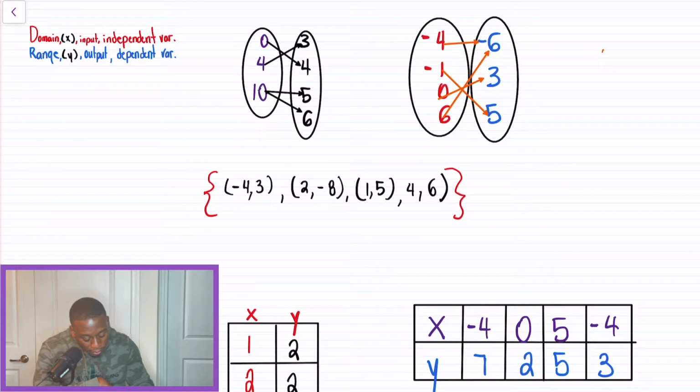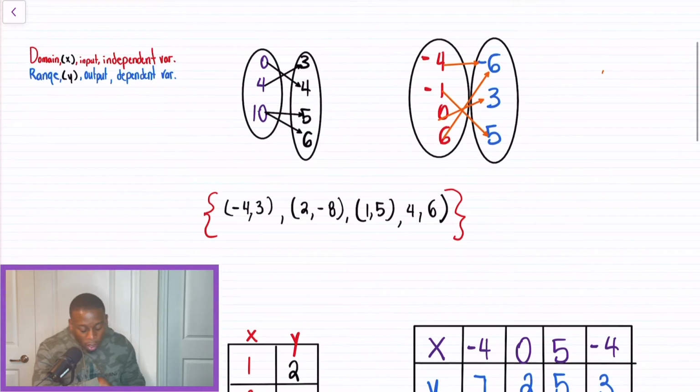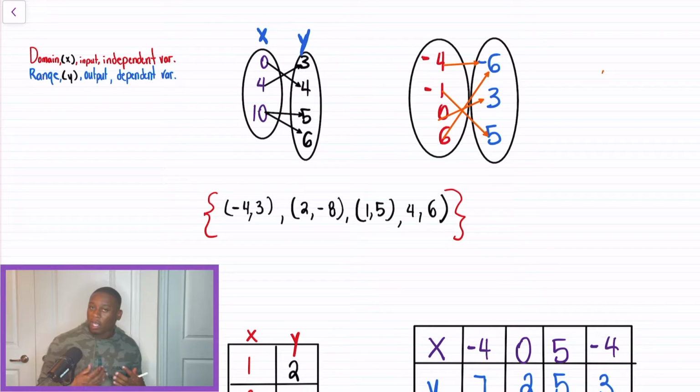So when we look at this first problem right here, first they gave us a mapping diagram. We don't know which one is our x or y, so we have to determine that. And you guys should always know that that first set of numbers is our x and the second number is our y. And if we look, do each of those three values, 0, 4, and 10, only have one output, one y?